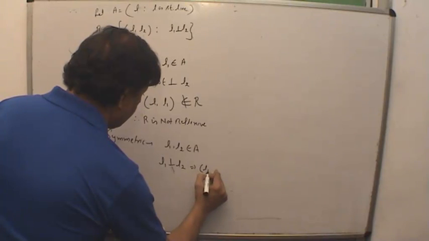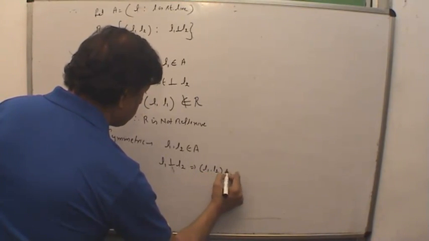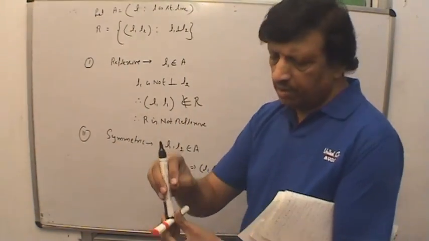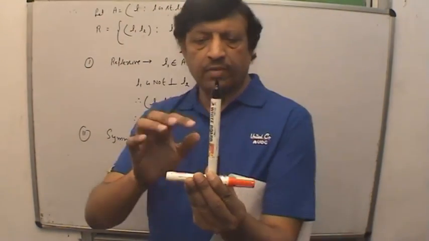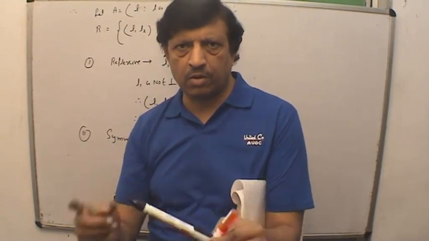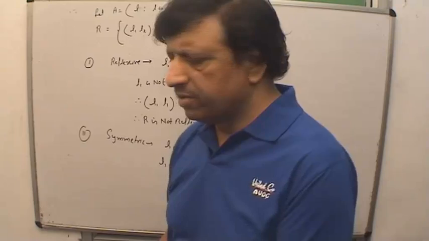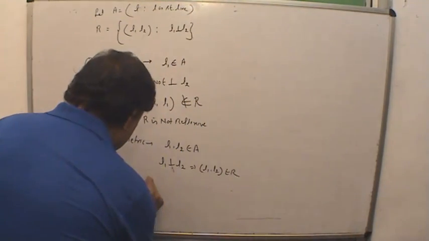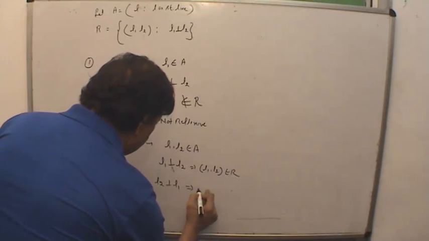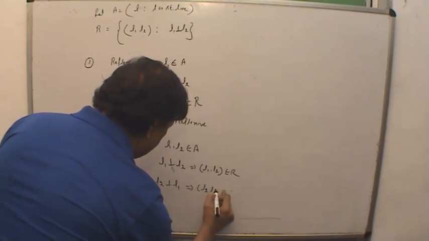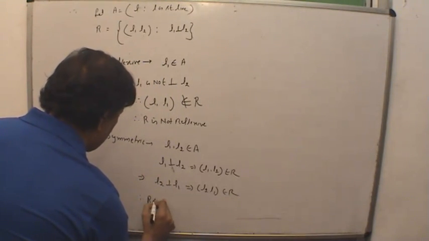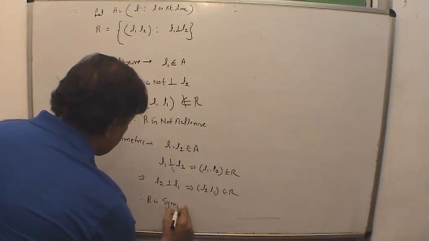This implies L1, L2 belongs to R. A simple example: this black line is perpendicular to red, then this red is perpendicular to black. It means it is symmetric. This implies L2 is perpendicular to L1. This implies L2, L1 belongs to R. Therefore, R is symmetric.